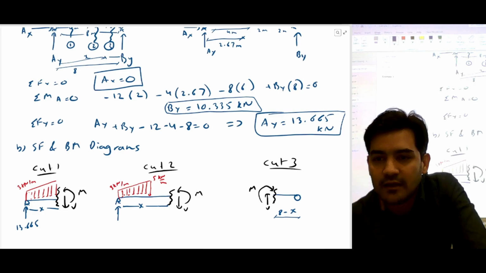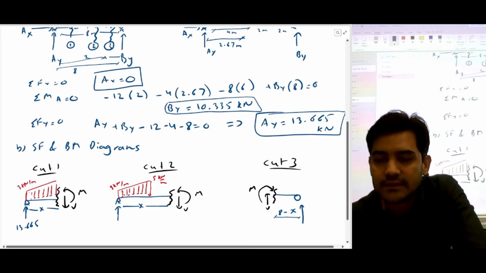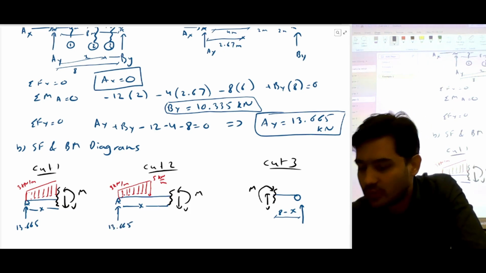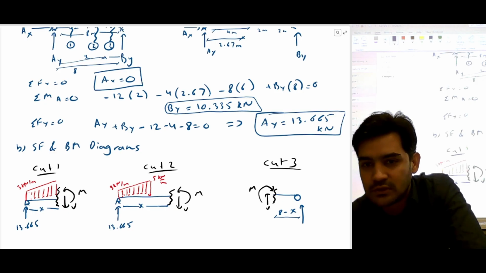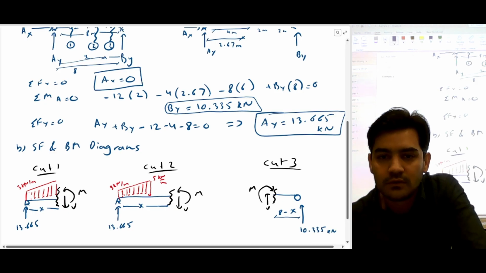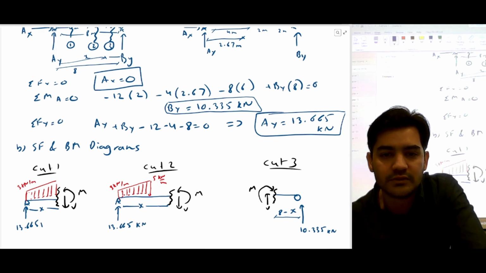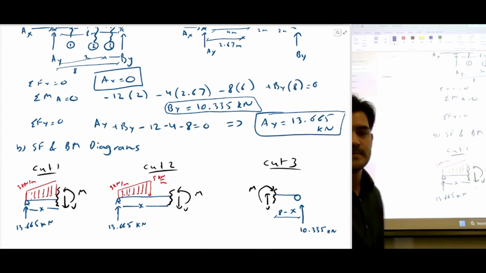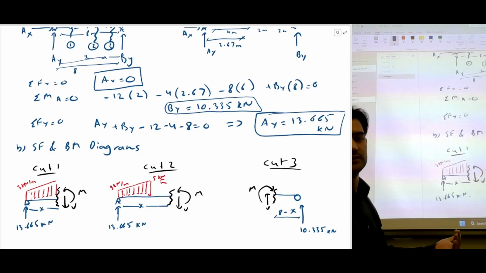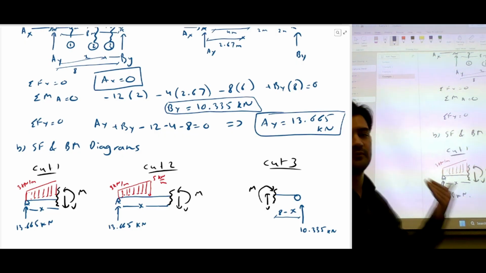And then we have a load, and this load was 13.665. This is By, right? So By was 10.335 kilonewton. So now we have to formulate the equations. Now we have the cuts. Now we're gonna develop the equations for V and M for all the cuts.